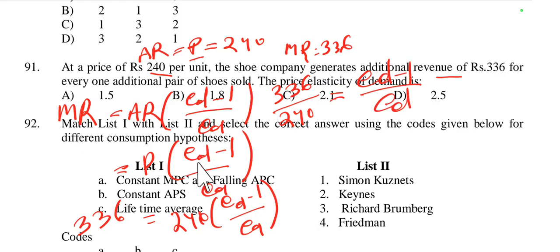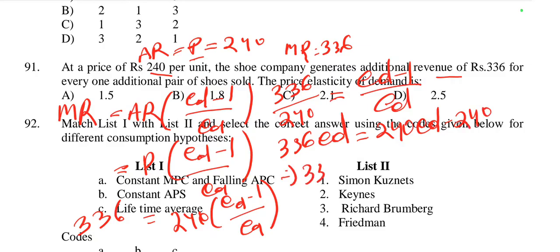Then cross multiply this value: ED into 336. So 336 ED is equal to 240 ED minus 240. Just cross multiply this value. This implies 336 ED minus 240 ED is equal to minus 240.